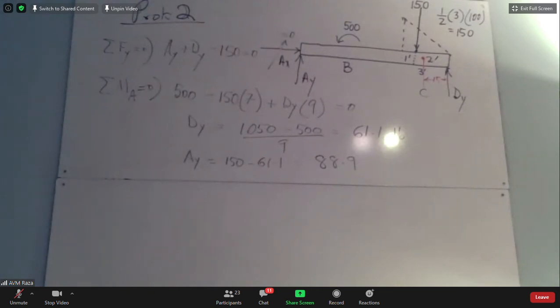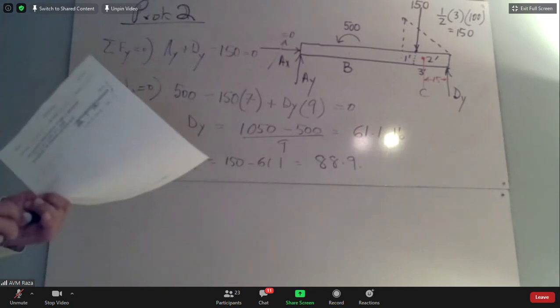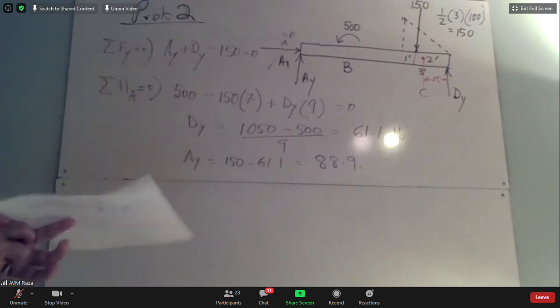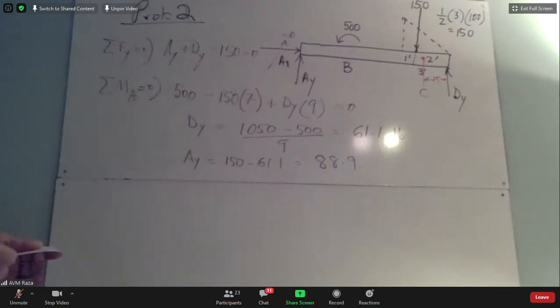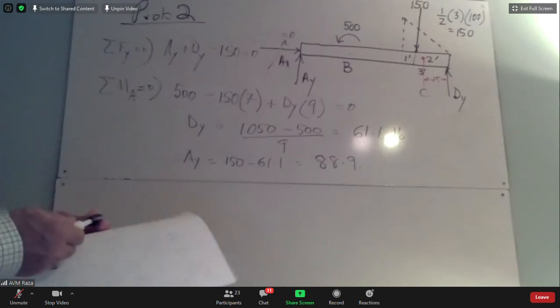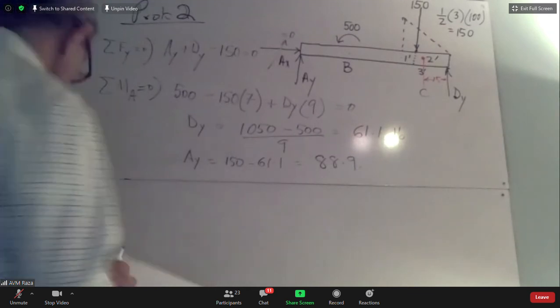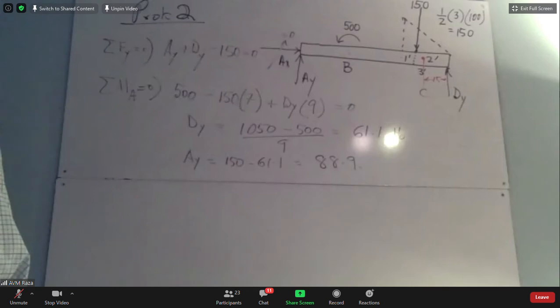So we found all three support reactions. AX is 0, AY is 88.9, and DY is 61.1. So now we can draw a free body diagram in which we show AY and DY as they are. Let's do that.